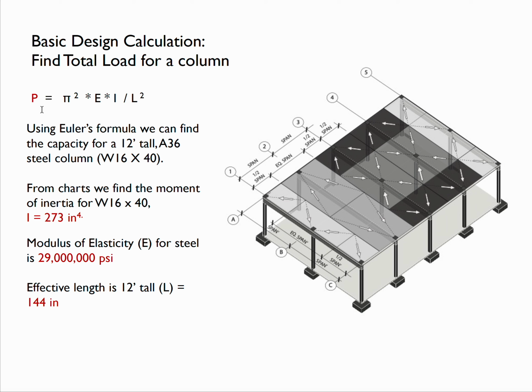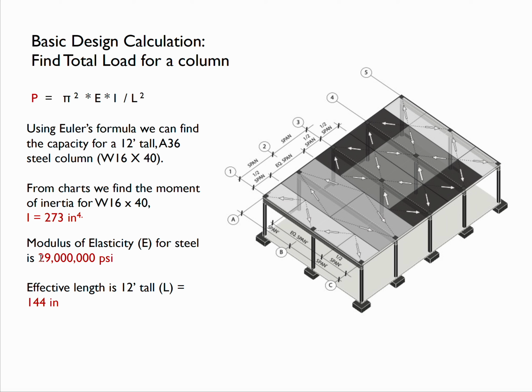So in order to find what this P, this load is, using Euler's formula, we can find the capacity for a 12-foot tall A36 steel column. From the charts based on a W16 by 40, we can find out its I value.